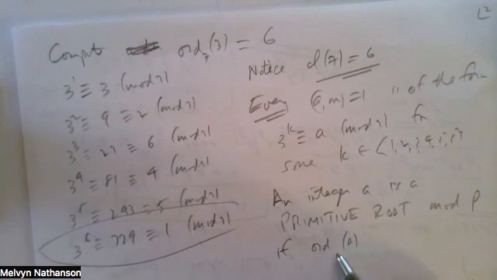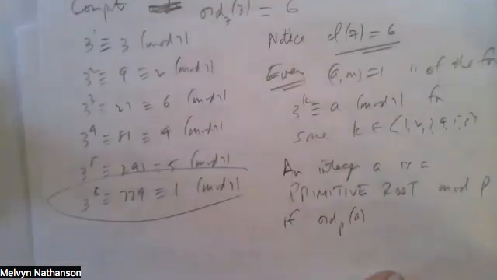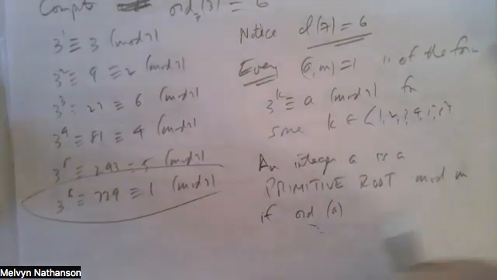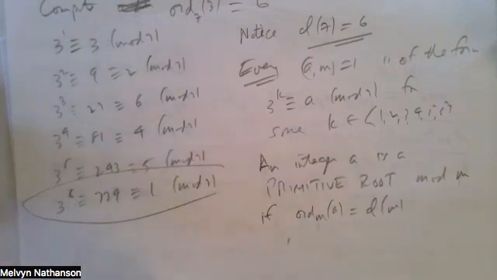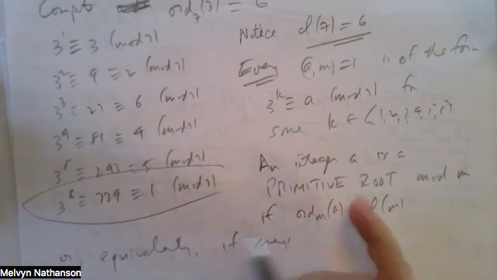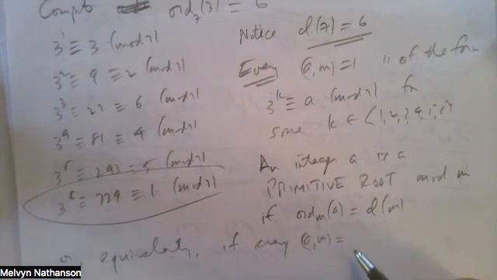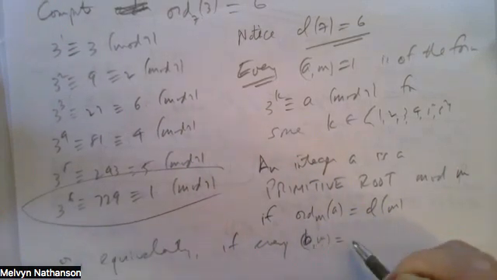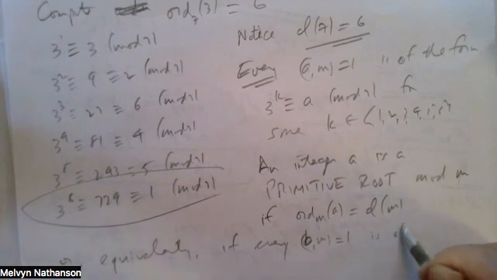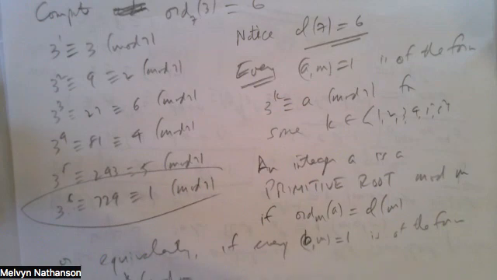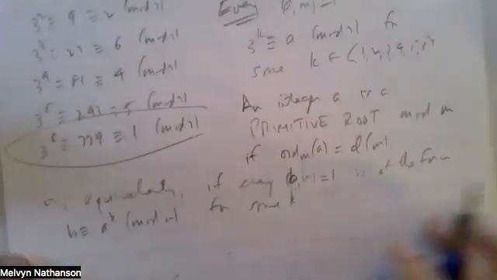Either the order of a mod m is phi of m, or equivalently, if every number b relatively prime to m satisfies the congruence b congruent to a to the k mod m for some k. Okay.